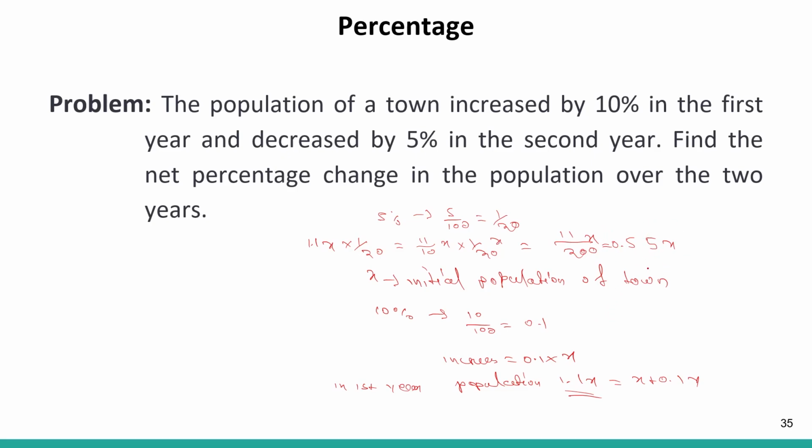Okay, this much amount is decreased. So 1.1x minus 0.055x is equal to what? This is equal to 1.045x.